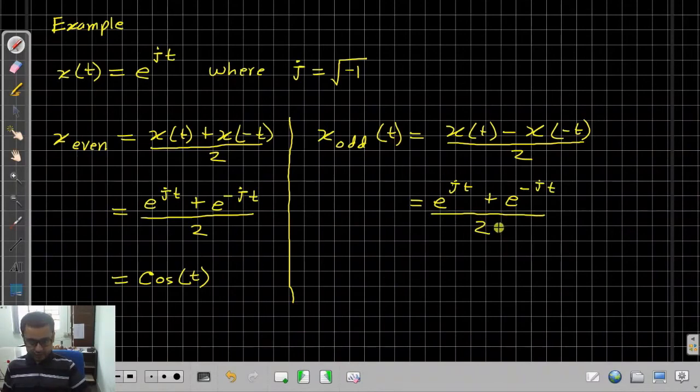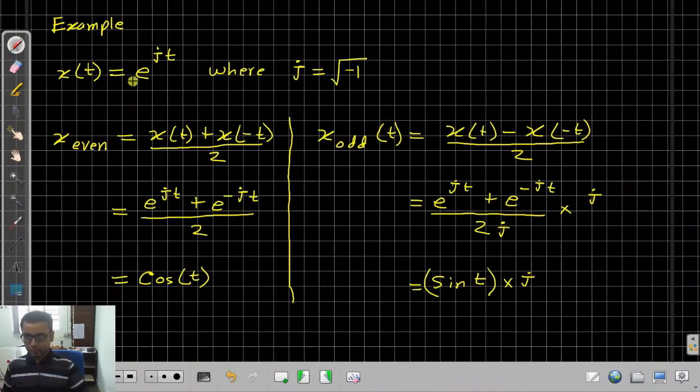I can multiply this with j and divide by the same term j. Then this part you should recognize as sine of t, multiplied by this factor j.